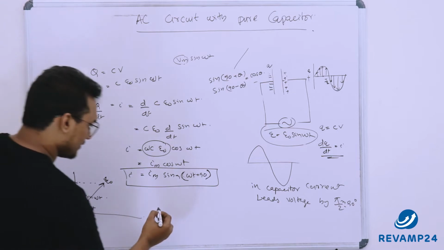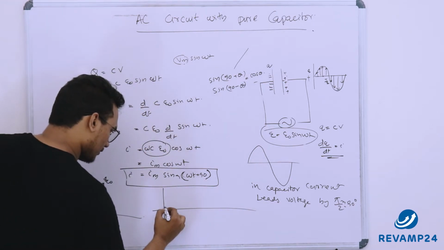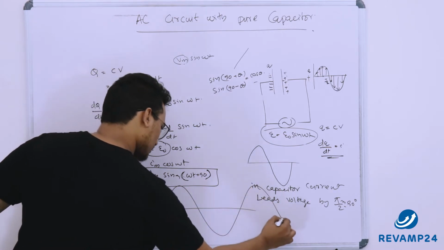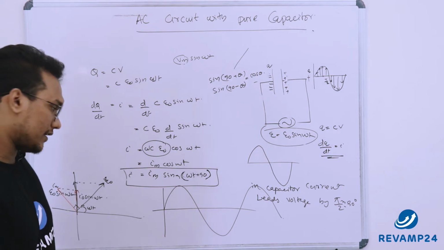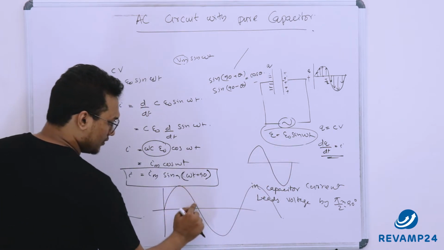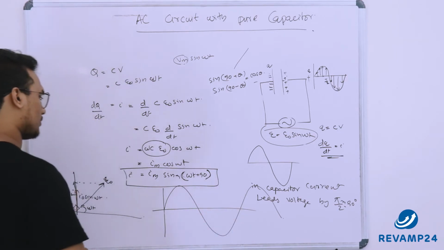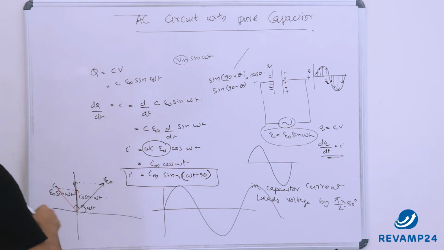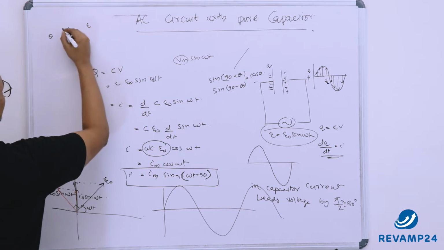How to represent it on a curve? Current is leading here, but voltage is our input, right? So always we will start from 0 and go to maximum value, 0, go to maximum value in the opposite direction, 0 in this way. Okay, now I will draw the table of theta, I, E.